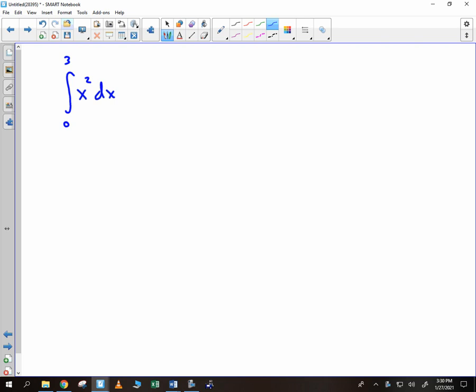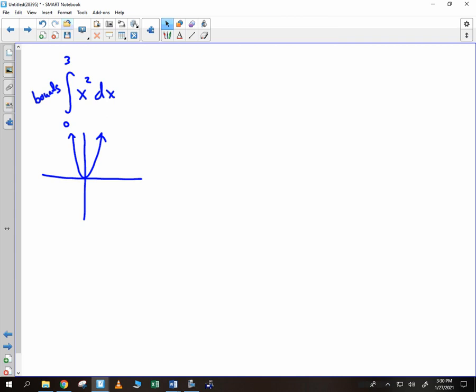That is what we call a definite integral, and it's definite because it has bounds. Meaning that if you looked at that graphically, you would say, well, that's x squared, and we're going to bound it from 0 to 3. So we're going to look at that area. So we're actually calculating area underneath the curve.